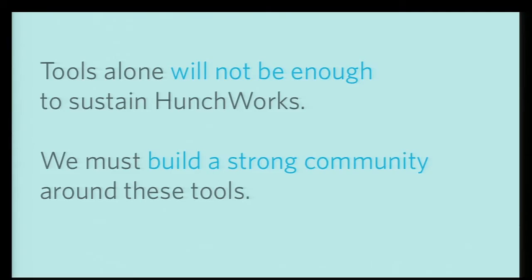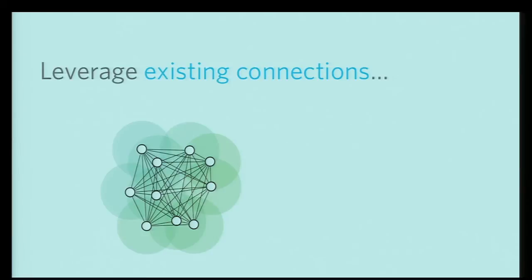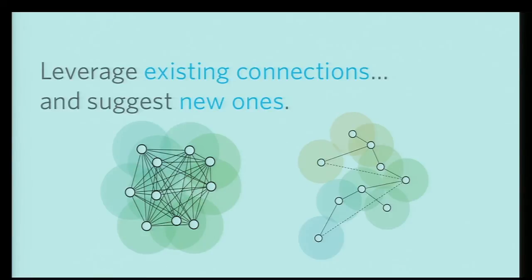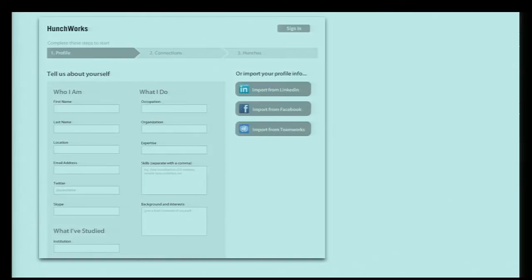And so what we need to do is actually build a strong community, build in that human connection in a system so it can actually sustain itself. And so we can do that, for one, by leveraging people's existing connections and also by actually using the HunchWorks system and the data that it has to suggest new ones. And so as people are going through the sign-up process, one thing that is going to be important is that we try to streamline this as much as possible by allowing people to, say, import their LinkedIn profile.